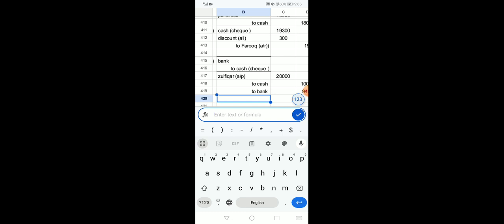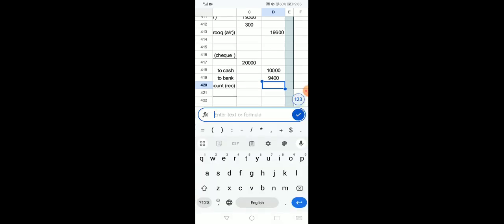Income should be mentioned on the credit side, so you mention discount received on the credit side. How much is the amount? That amount is not mentioned in the question. The difference between debit and credit is the amount of discount. On the debit side, 20,000 has been written.